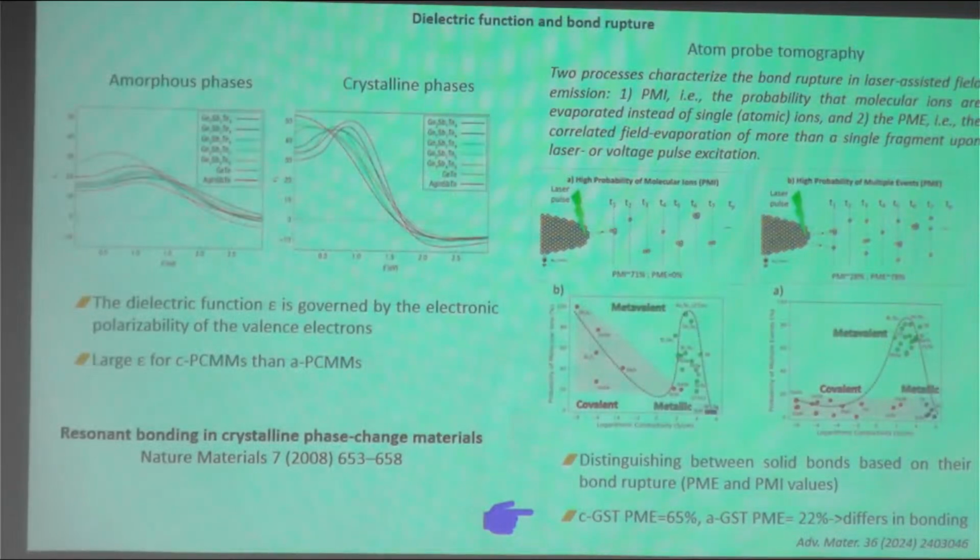This can also be nicely seen in other measurements, like ellipsometry. Using ellipsometry, if we measure the dielectric function epsilon, we can see that the amorphous phase change materials, of different compositions, going from germanium telluride to others, and also GST, have a lower dielectric function compared to the crystalline phases.